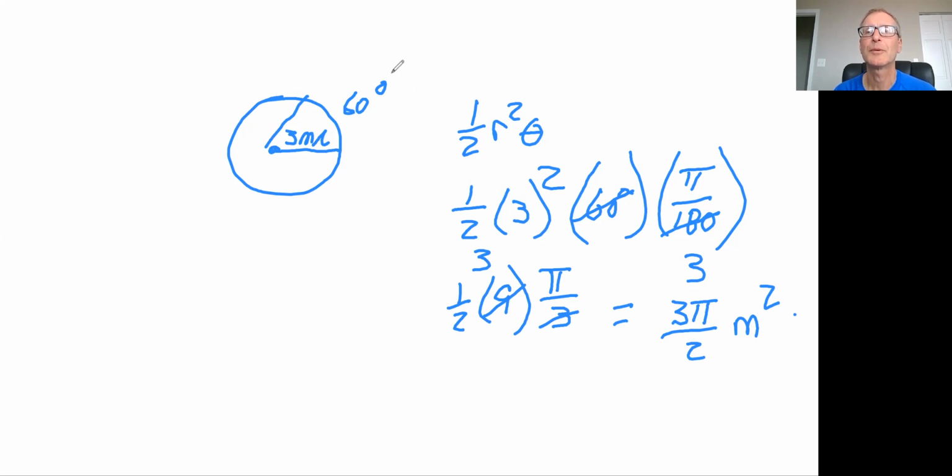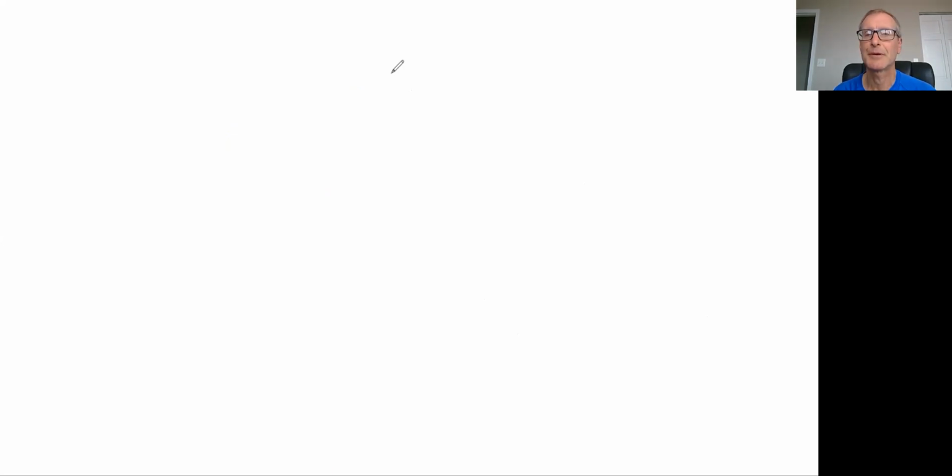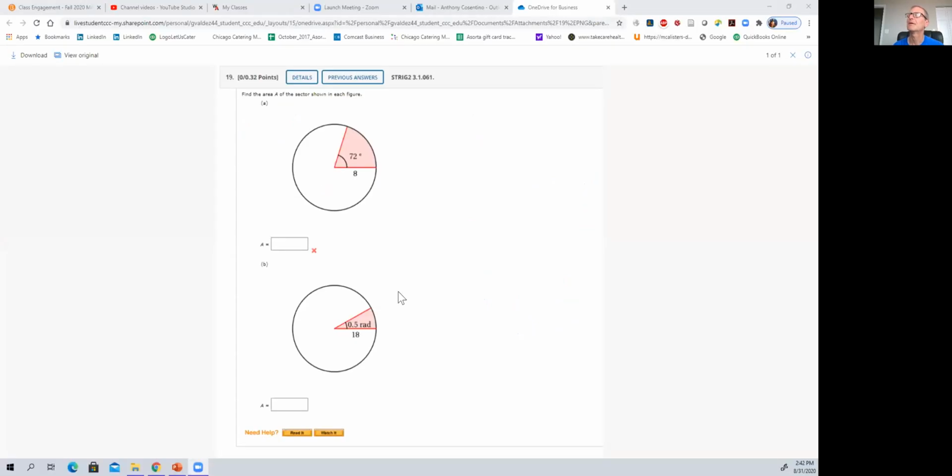Okay, problem number 2. This one was given, and I'll just do one of these, where you have to find the area of that particular figure. Let's do the first one, because that's pretty much what we just did, except here we have a radius of 8 and an angle of 72 degrees.